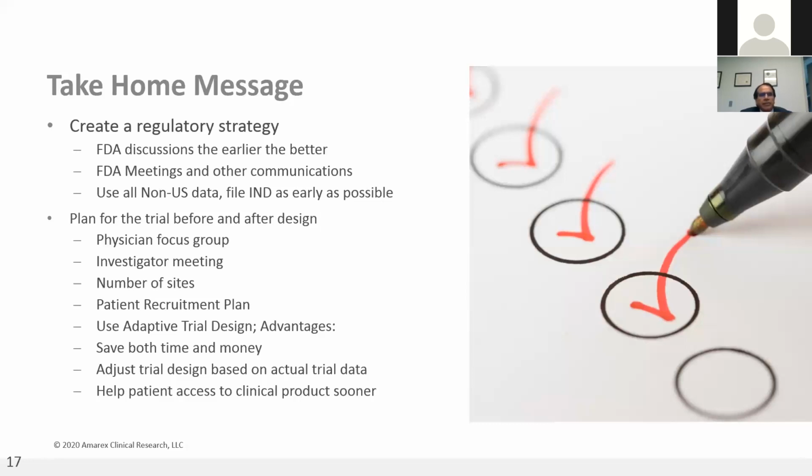The answer is yes. Use of adaptive is always beneficial. As I said earlier, it is both ethical and economically much, much more beneficial. And at Amarex, since 2010, almost all clinical trials that we are doing are adaptive. If we can do phase 1, phase 2/3, most often we do it.